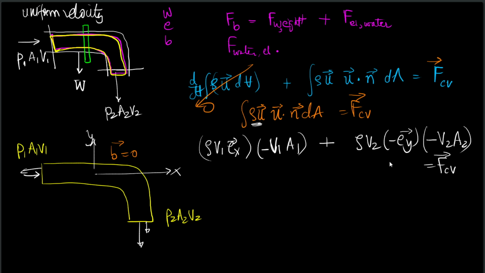So the left hand side, essentially, what does it become? It will be rho A2 v2 squared ey minus rho A1 v1 squared ex, and this will be equal to the forces. Now, what are the forces going to be?